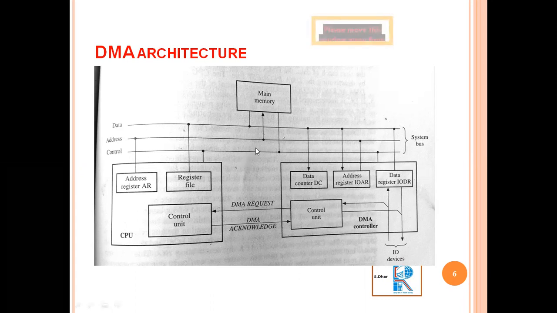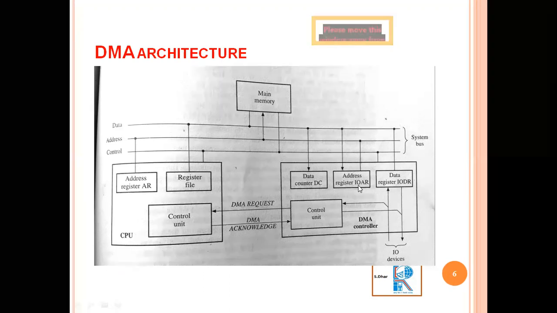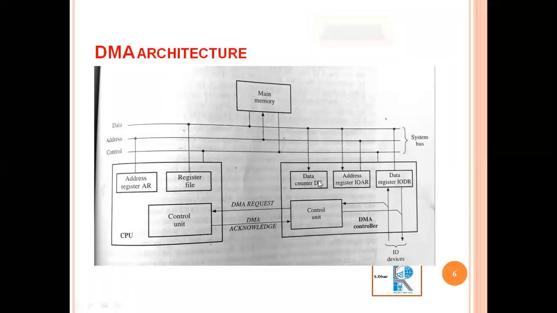Now when the CPU transfers data from the register to memory or memory to register using the data bus, suppose at some time there is a requirement of an IO operation. So the CPU will put the particular address of the IO, that means which IO is required to transfer the data, the particular address of the memory, and the data counter, that means the total data required to transfer from the IO device to memory.